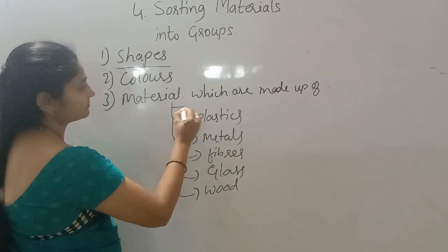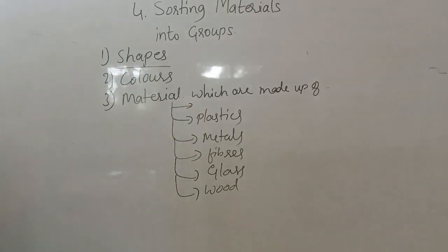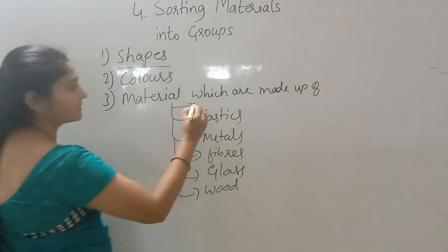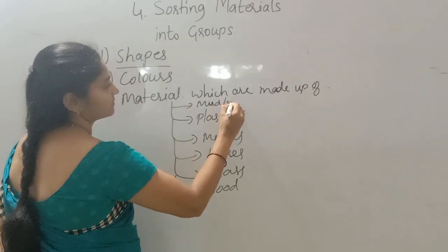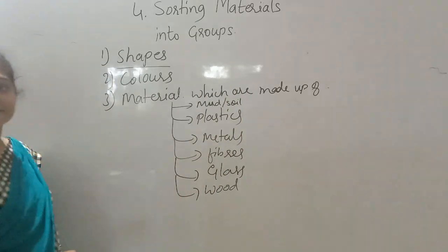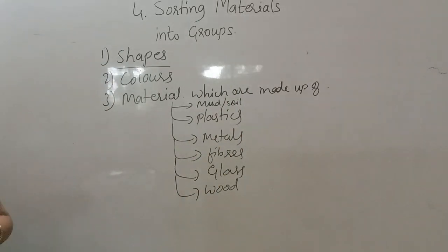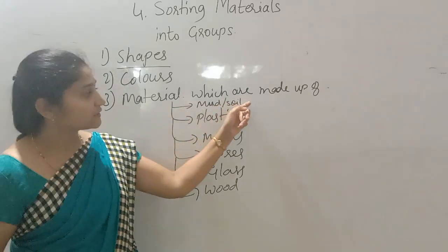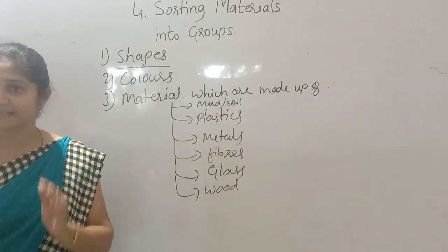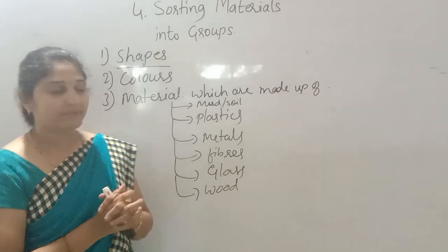Then again what? Soil or mud, mud or soil. These are some examples, right? So the objects which are made up of soil are earthen pots, we have seen that.